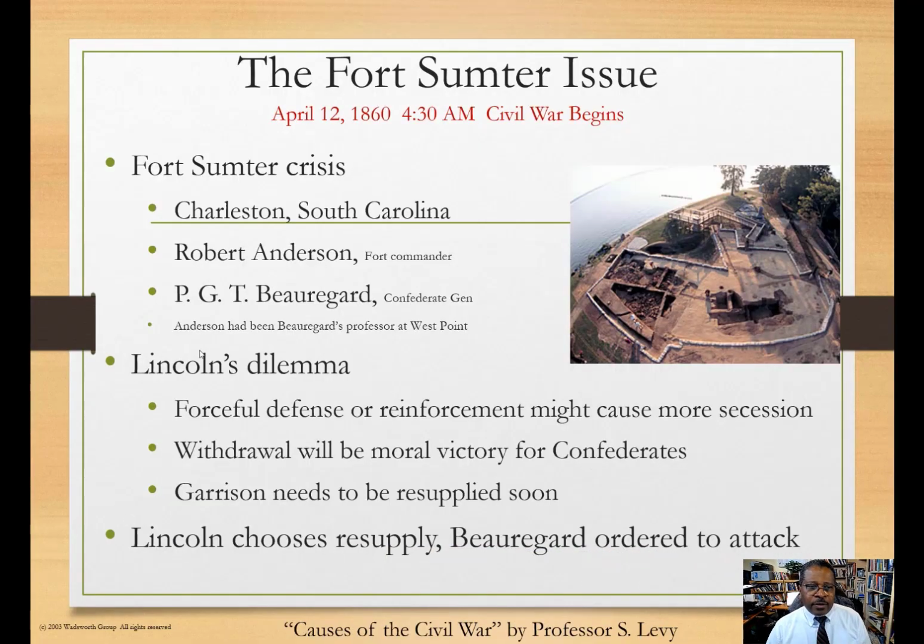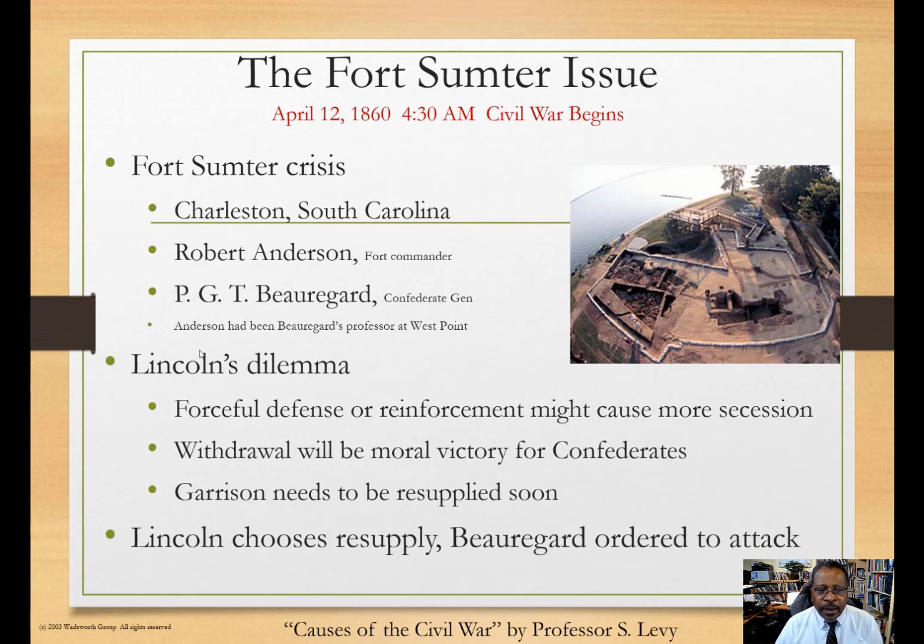The Civil War starts on April 12th, at 4:30 in the morning, when the South opens fire on this federal base out in Charleston Harbor called Fort Sumter. This is a picture of Fort Sumter here.